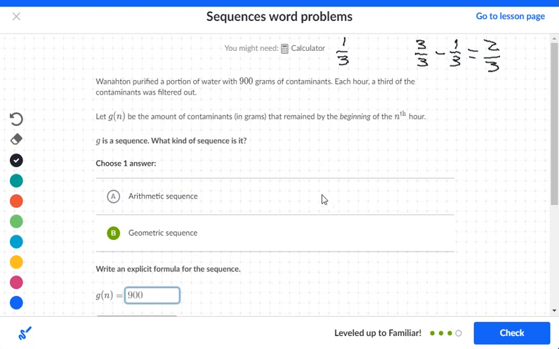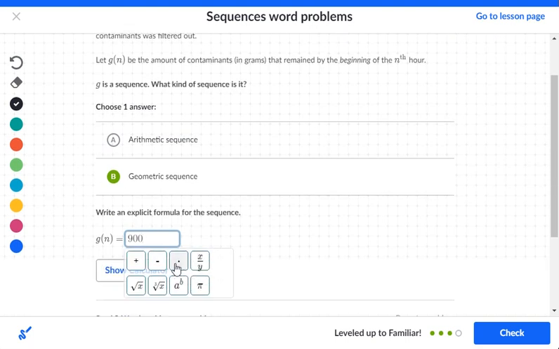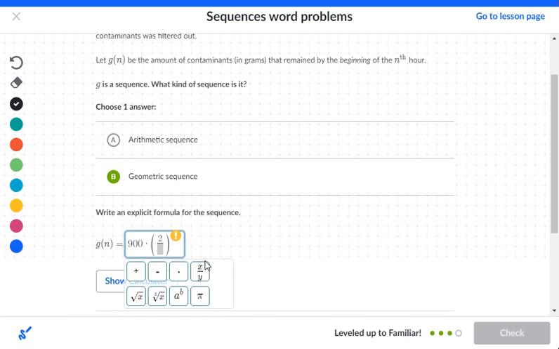So we want to go ahead and press our multiplication. Again, use your parentheses, and we want to make this a fraction of 2/3. Okay, now we want to come out of this, press your AB key. Now use your parentheses again, and remember, we want to finish with n minus 1.